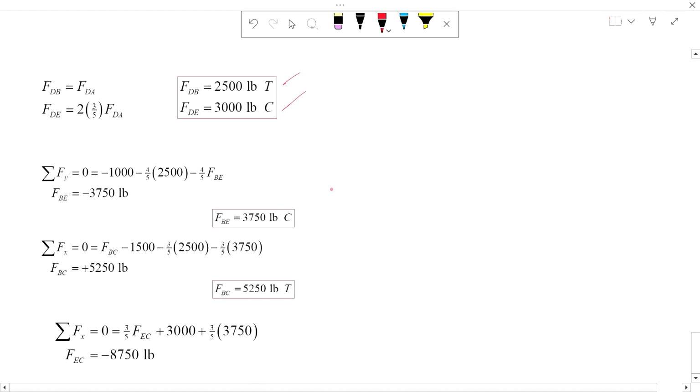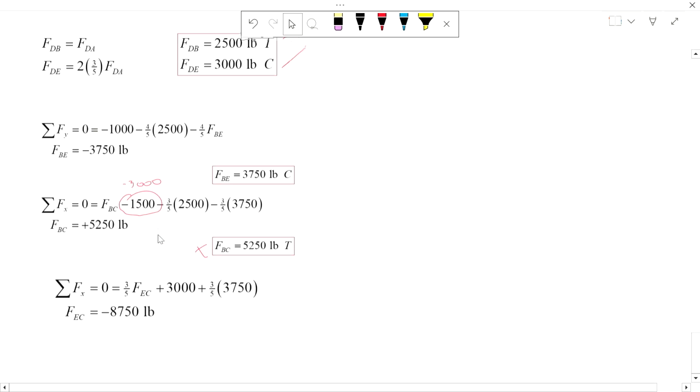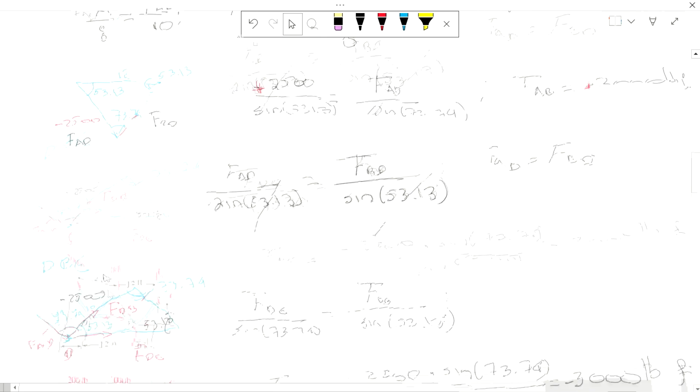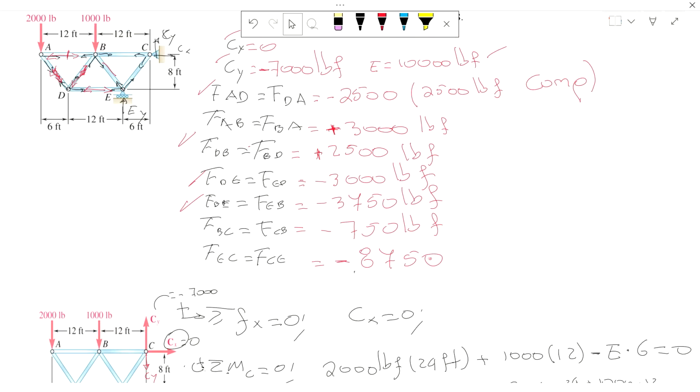They got 5250, but they're using this 1500, which is incorrect. So this should be negative 3000. So this is incorrect. They're using 1500 where that is a typo they have. Okay, FE to C is negative 8750. Yep.